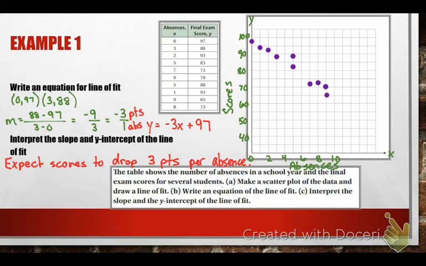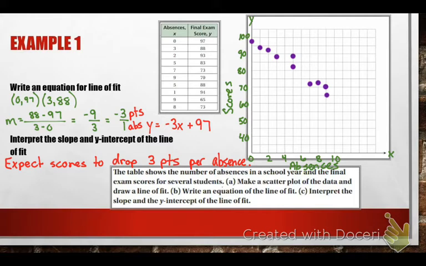I'm going to tell you which ordered pairs to pick because technically there's not a constant rate of change. Basically, I can't predict, right? If you have 2 absences, this is going to be your final exam score. I can't predict that, right? So because there's no constant rate of change, if you pick a different set of ordered pairs in here, you're going to get a different slope, okay?